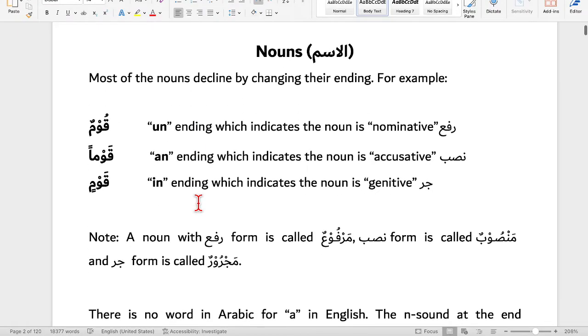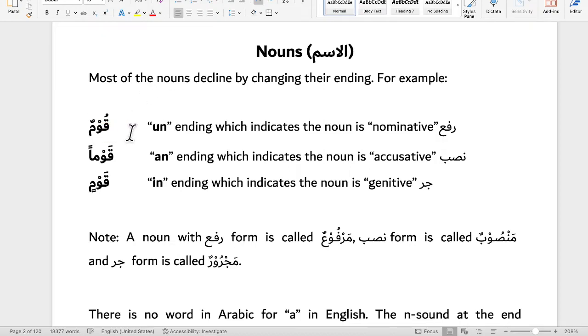So now we will study nouns in more detail. Most of the nouns decline by changing their ending, just like for example we can say kaumun, kauman, kaumin. All the nouns in Arabic, by default, should be in this form, but they change their endings because of some reasons which we're going to study later on.